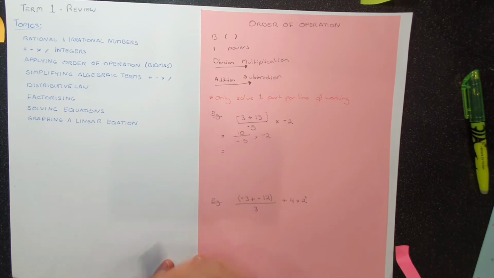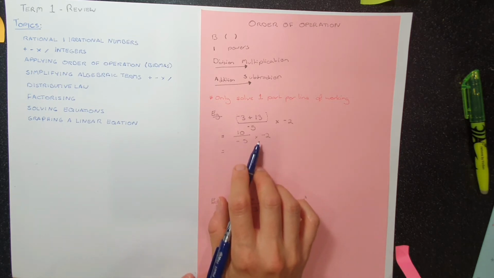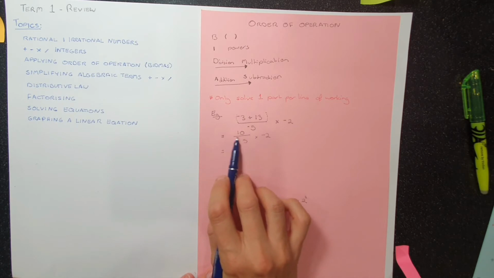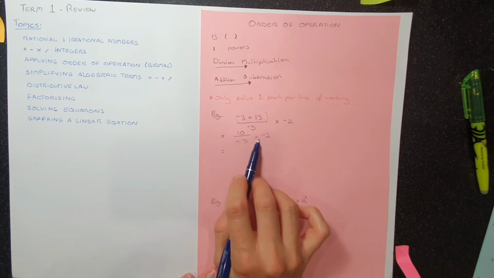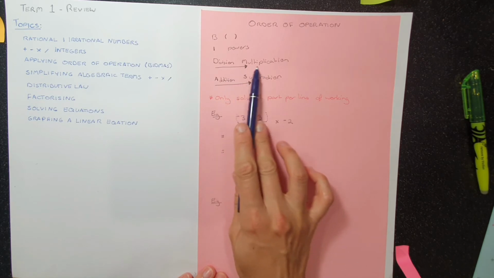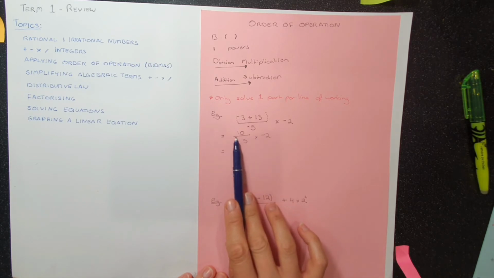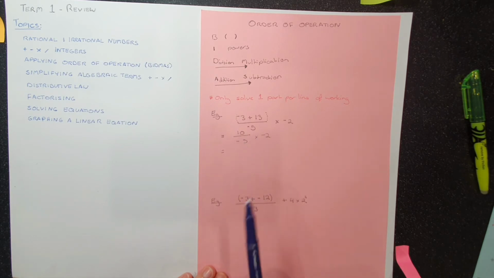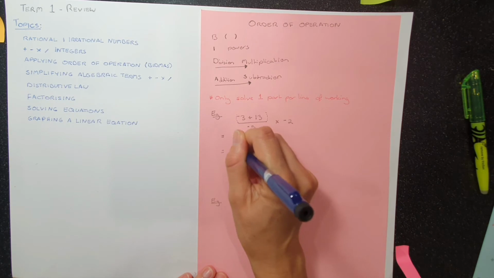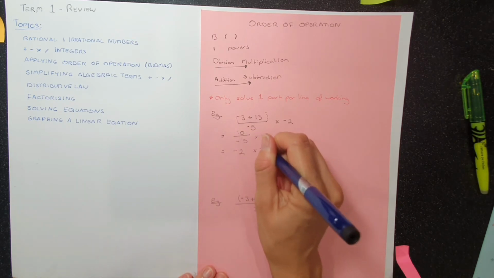Now I've got 10 divided by -5 times -2. If I have a look at the operators that I have left, I only have a divide and a times. Those guys there are on the same level, so the one I have to do first is the one that's on the left. In this case, that's the divide. So 10 divided by -5 is going to give me -2, and I copy out the rest.